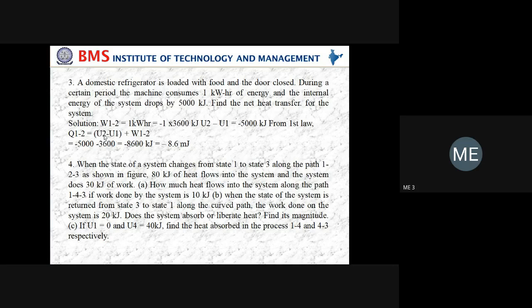Delta U is U2 minus U1. Okay, whenever the term delta U comes, you have to take the final internal energy minus initial internal energy. Okay, so just you apply the formula: minus 5,000 minus 3,600, we are getting minus 8,600 kilojoules. Here it is minus 8.6 megajoules.